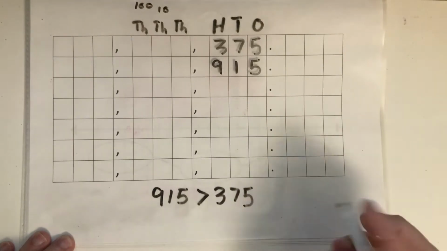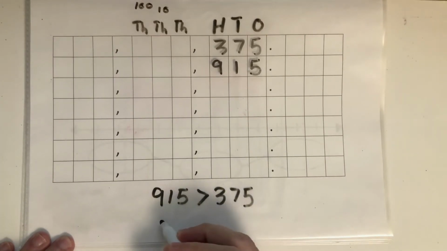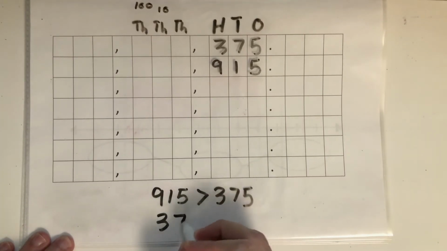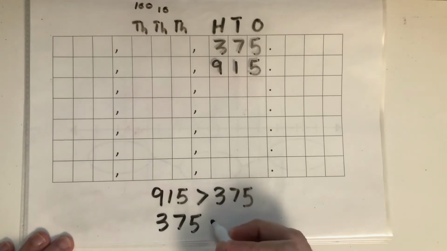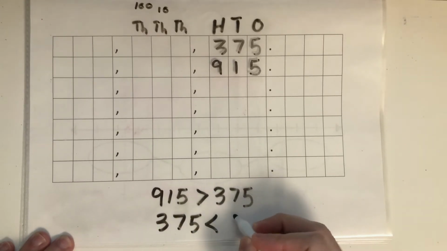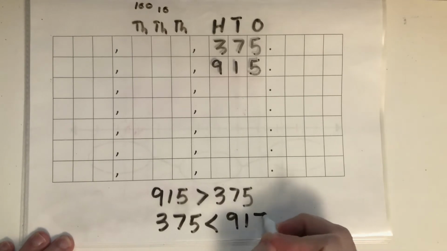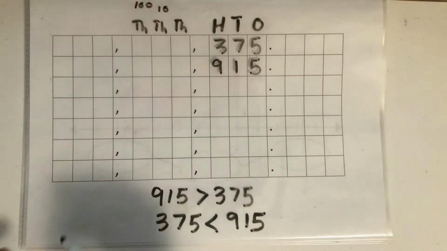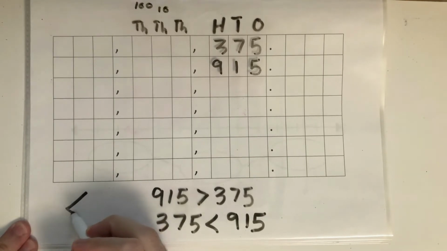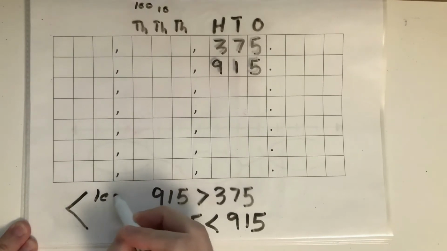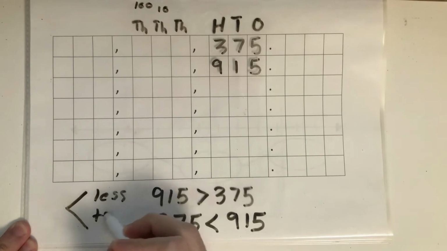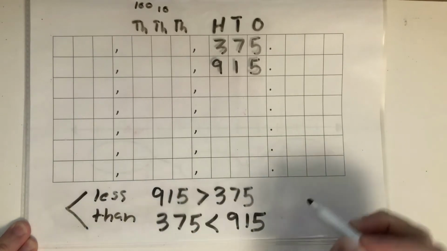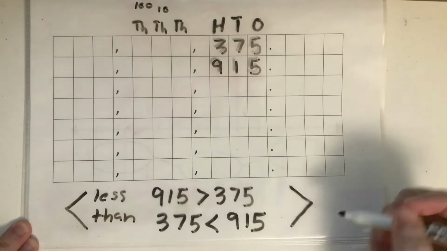We can also say that 375 is less than 915.